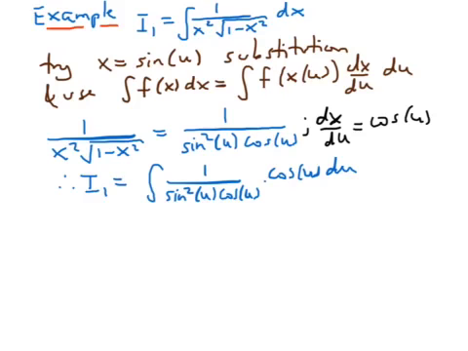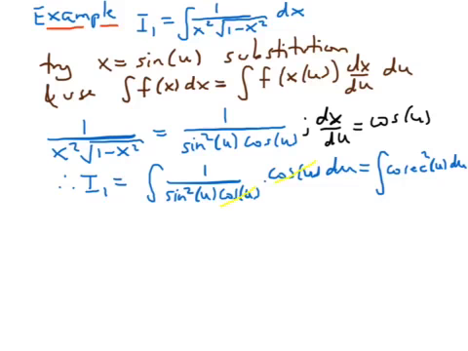And looking at this, we immediately see that there is a cancellation. The cos u in the bottom cancels with the cos u in the top. So our integral is the integral of 1 over sine squared u, and another way of writing that is to say that this is the integral of cosec squared u du.